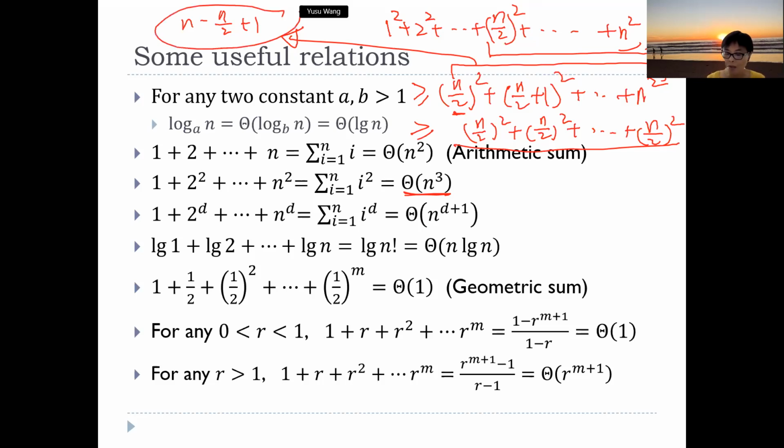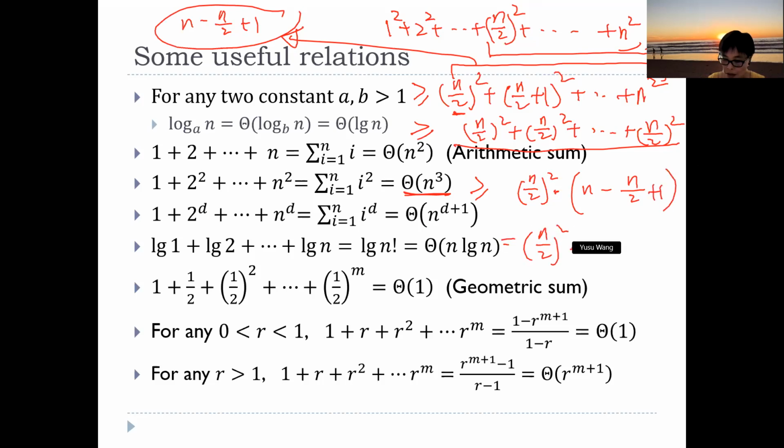That's why we have n over 2 squared times n minus n over 2 plus 1, which is n over 2 squared times n over 2 plus 1. Now, clearly, this is basically n cubed because I have n squared times n, and so this is bigger than n cubed divided by 8.